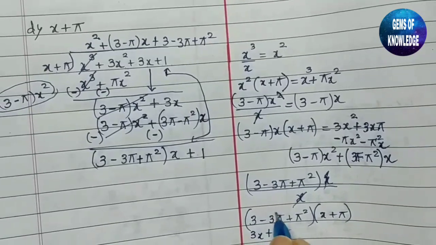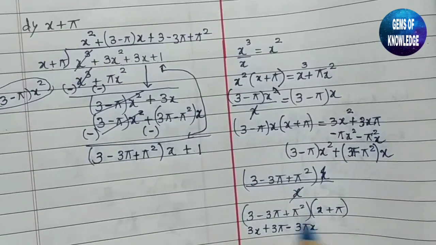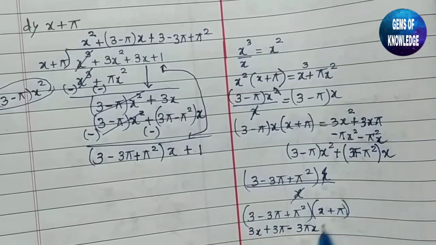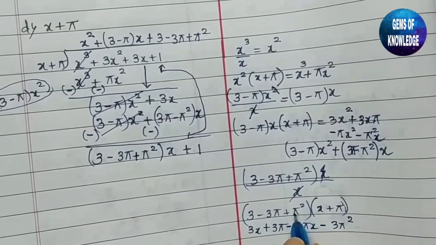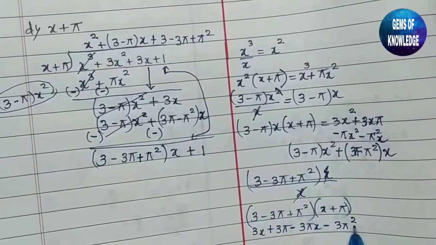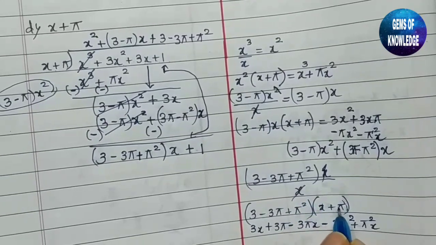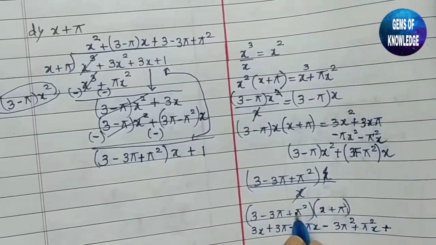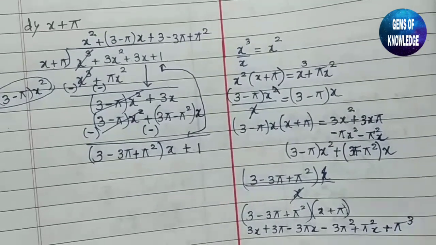Okay, then minus 3 pi into x, we are getting minus 3 pi x. Again minus 3 pi into pi, we are getting minus 3 pi square. Now plus pi square into x is plus pi square x. Okay, plus into plus, we are getting plus pi square into pi square, we are getting pi cube.